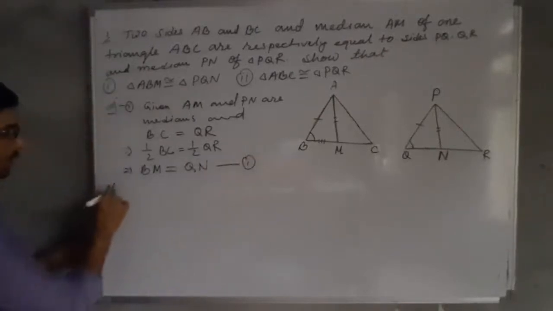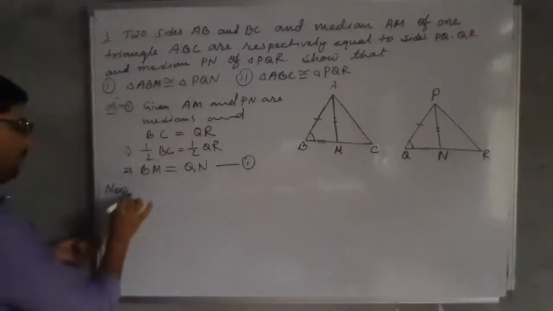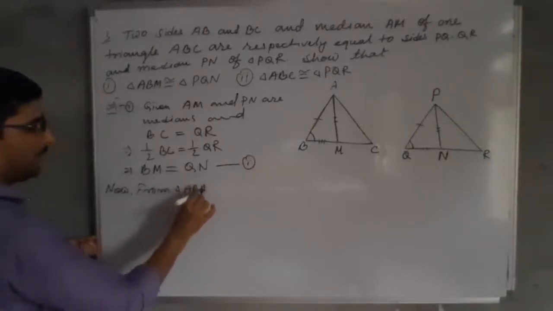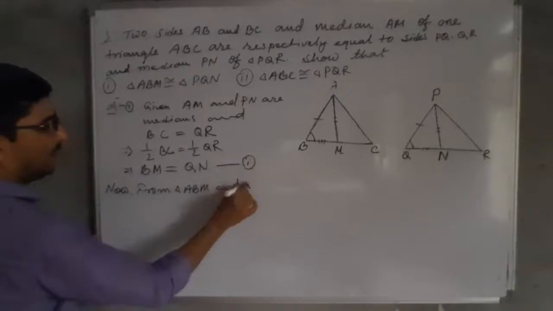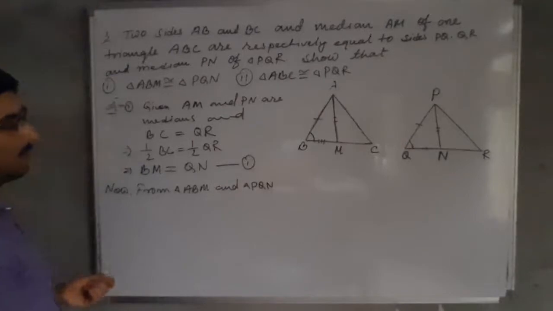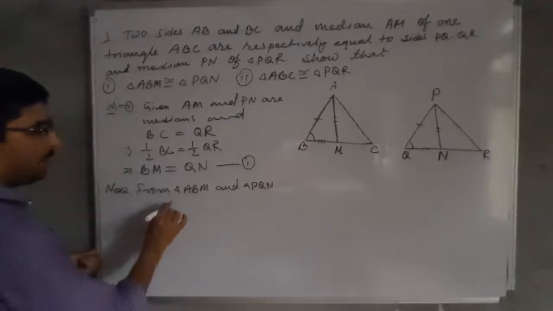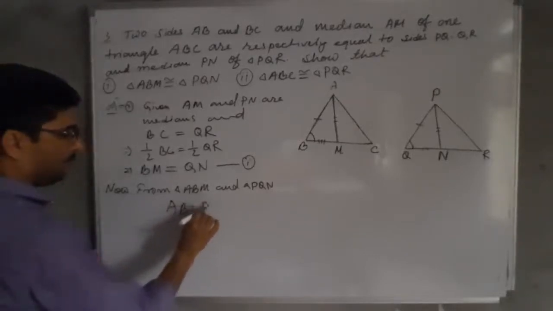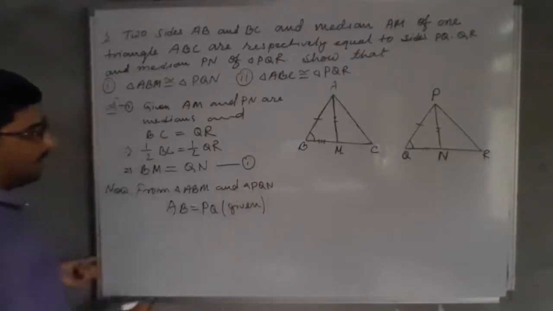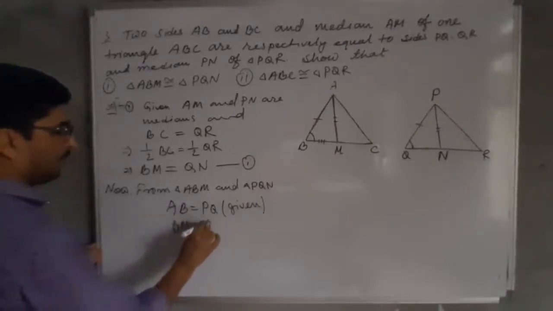Now which two triangles we have to prove? Triangle ABM and PQN. Now from these two triangles ABM and PQN, AB is equal to PQ, given in the question. These two are equal sides given. And then BM is equal to QM.